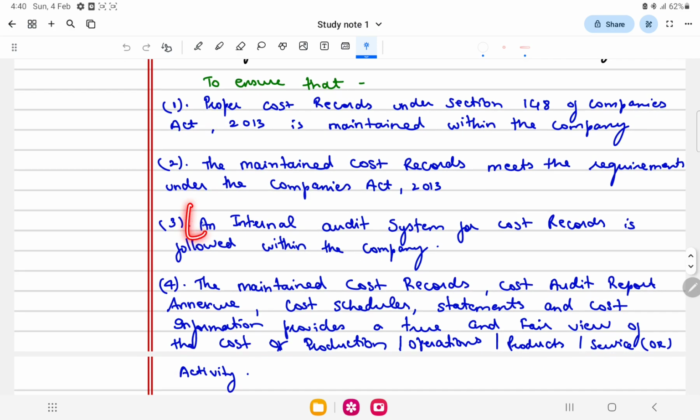Then to ensure that an internal audit system for cost records is followed within the company.